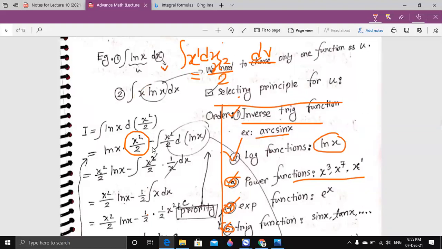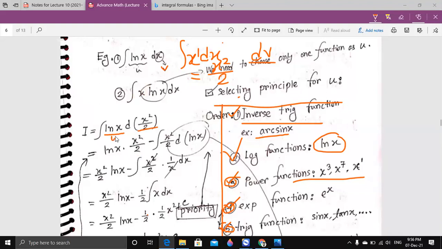You got it? And you see here we have a formula. From this line we get this line, okay? Now let's think about the next line. So here is a formula, that is integration of u dv, right?